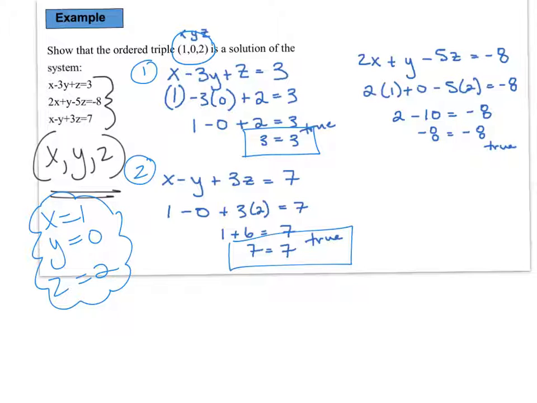You can't assume that just because it works for 2 of the equations that it's automatically going to work for the third. You still have to go through the motions. And in the third equation, when we substitute those values in for x, y, and z, we do end up with a true statement. So this ordered triple is the solution to this system of equations in 3 variables.